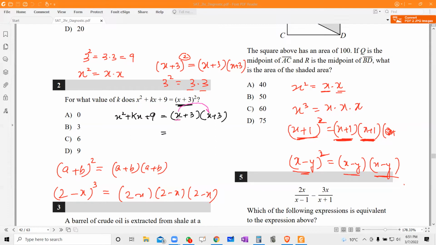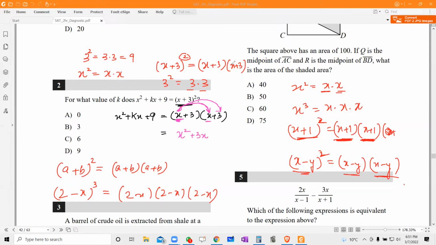So the first term is to be multiplied with the first term of the second group. That is, x is multiplied with x. How much would it be? X squared, correct. And now the first term is multiplied with the second. Will be how much? 3x, correct.